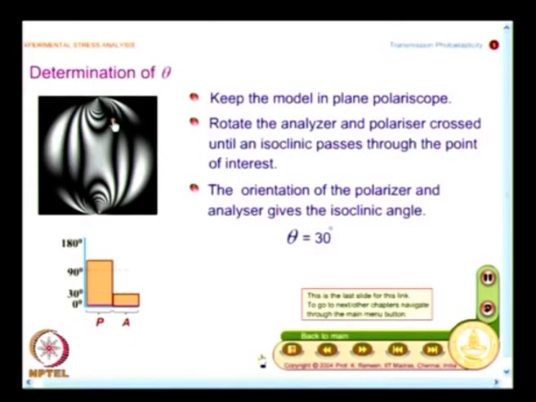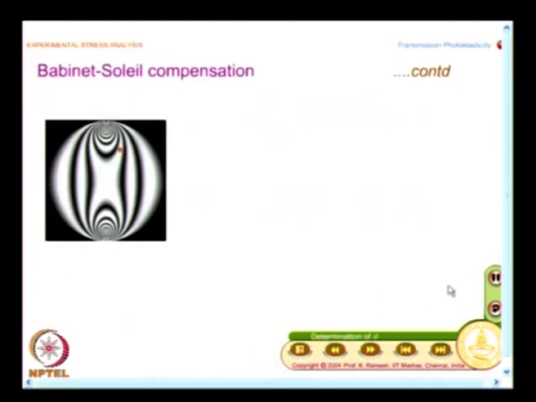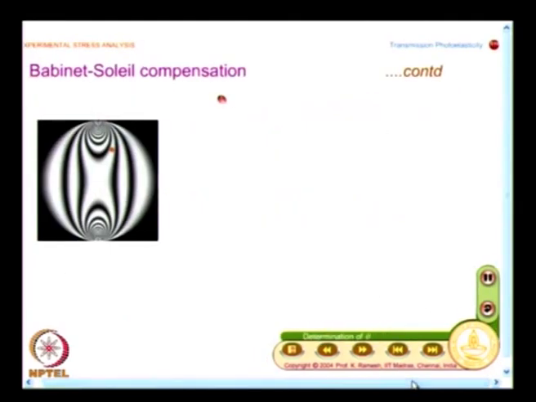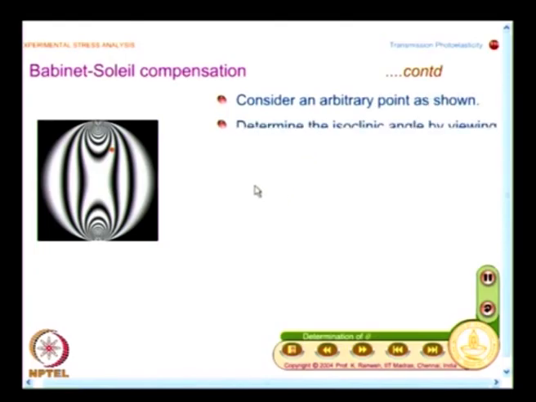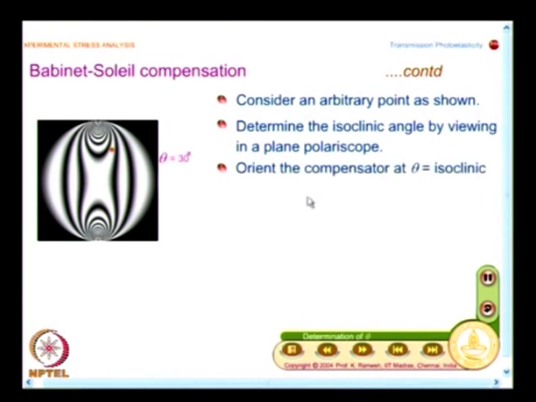So, now what we see is we have identified theta at the point of interest. Now, we go back and see how I use this information. We have determined the isoclinic angle by viewing in a plane polariscope, and what I need to do is orient the compensator at theta equal to the isoclinic angle.